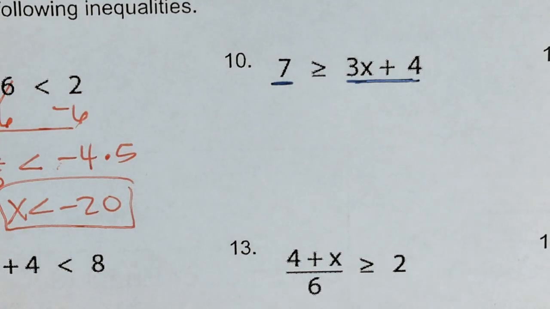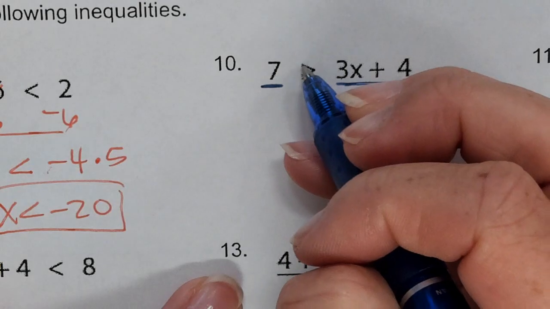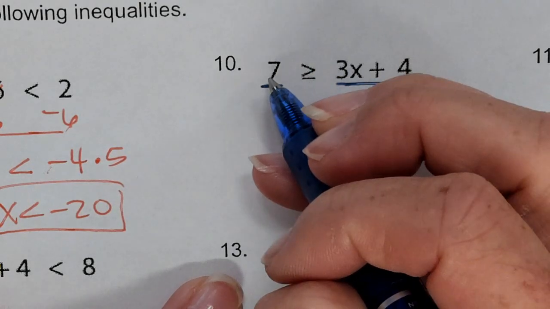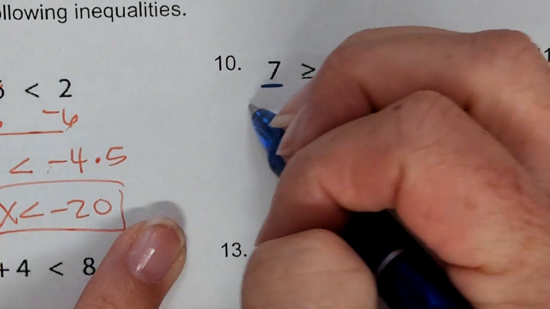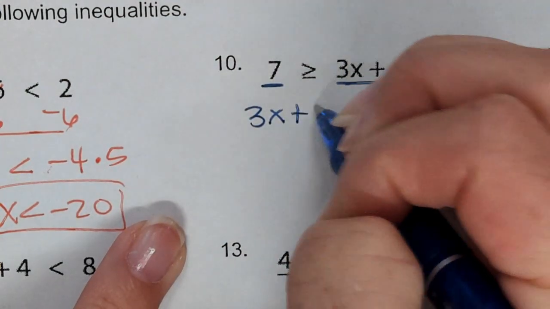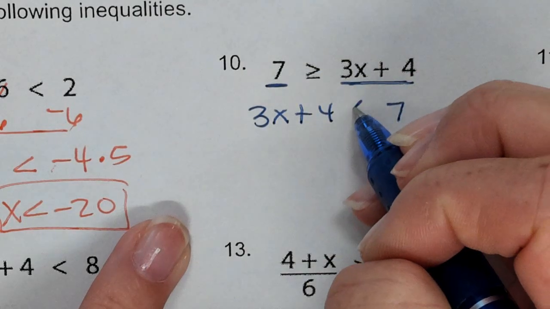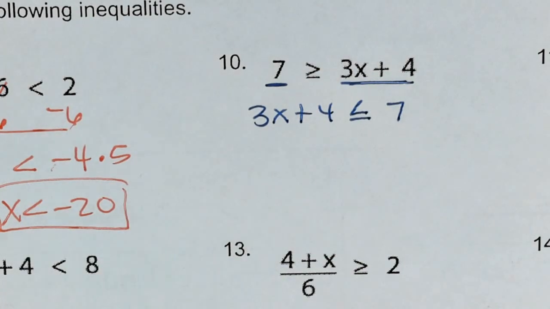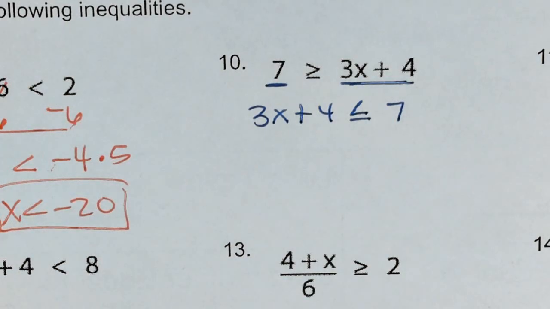So what's going to happen to my inequality sign? It's not going to flip because I'm doing anything. It's just going to flip because the 7's moving, and look at the alligator mouth. What's it open to? It still has to be open to the 7. So I have 3x plus 4 on the left, 7 on the right. The alligator mouth needs to open to 7, which flipped my sign because I flipped my inequality. Are y'all good with that?